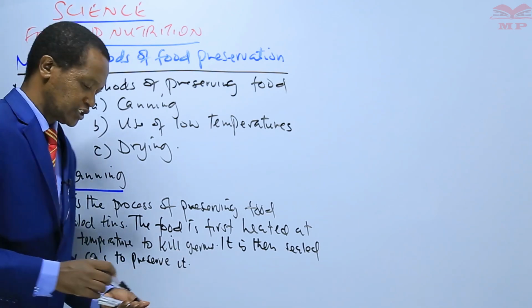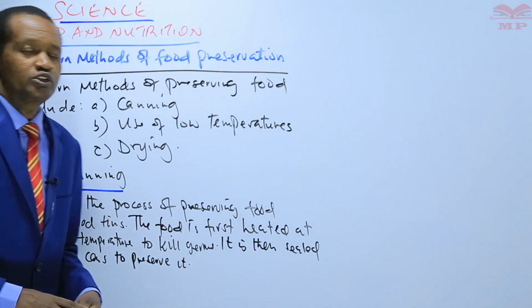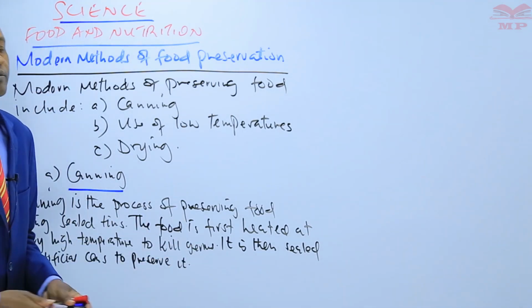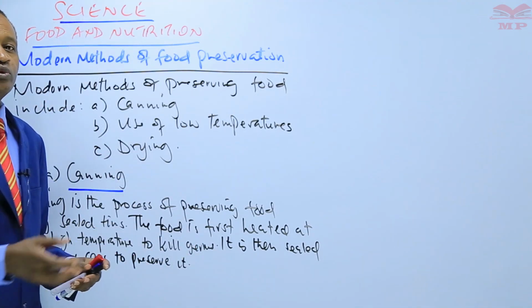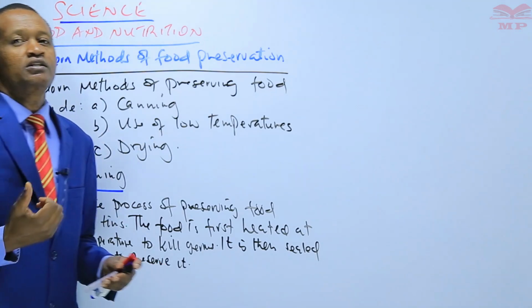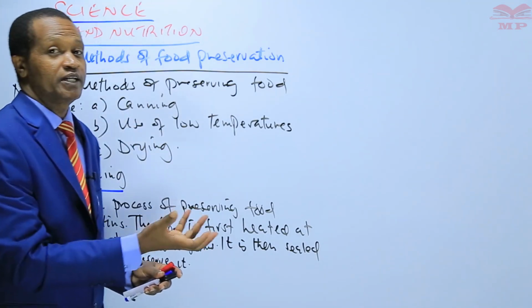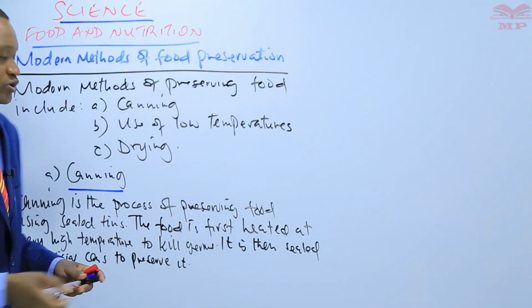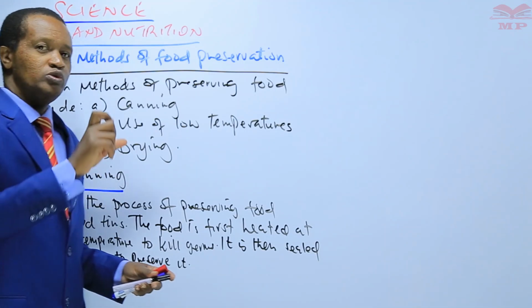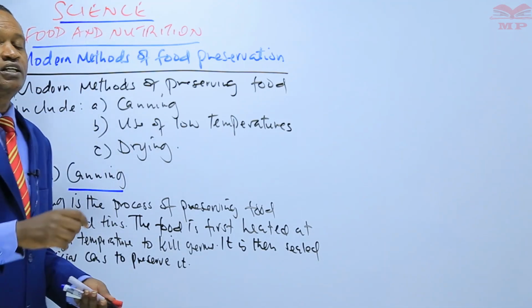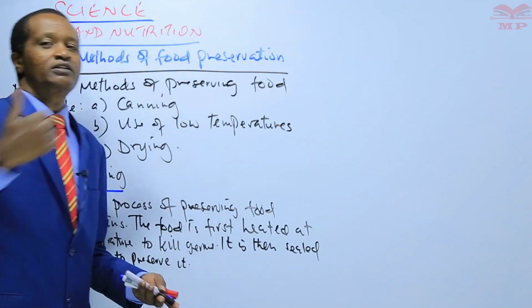And these foods, learners, you can find them on supermarket shelves. But before buying such food, it's important to check the expiry dates, because such foods have expiry dates. So make sure when you buy such foods, you do not buy food that the date has expired.